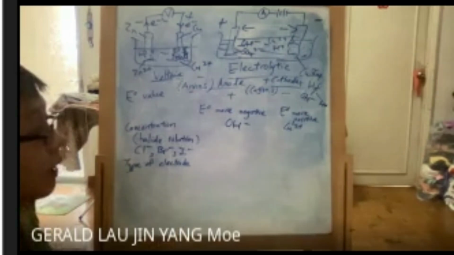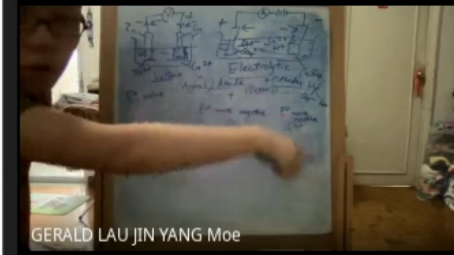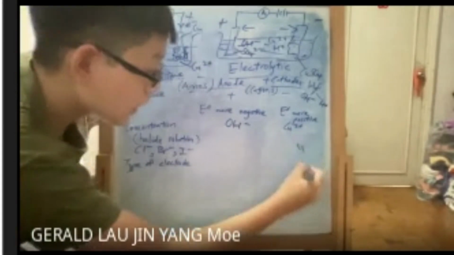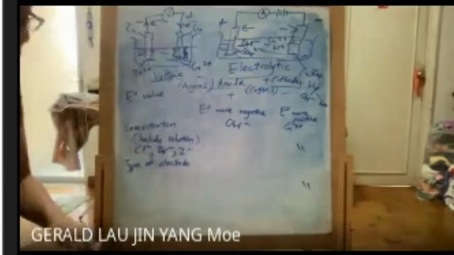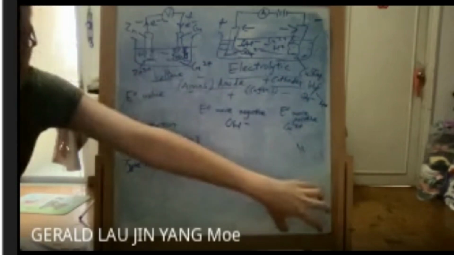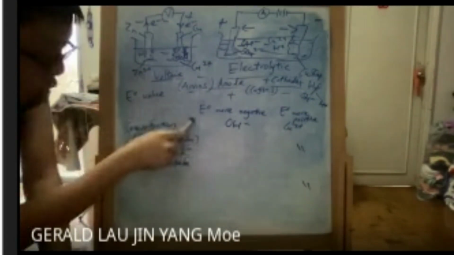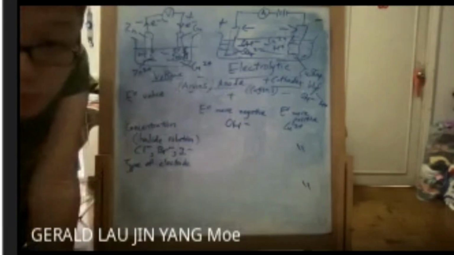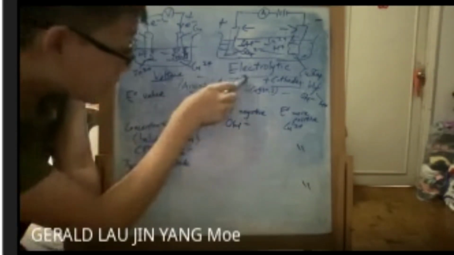Before I move on further, you have to understand that for all these factors, the cathode is actually the same. Inert value more positive, the same here, the same here. The cathode is all the same.